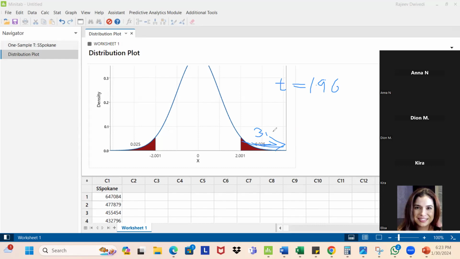Therefore, the null hypothesis is rejected and the alternative hypothesis is accepted. And what is proved? Mu is not equal to 500K. This hypothesis has been proved to be not equal to 500,000.